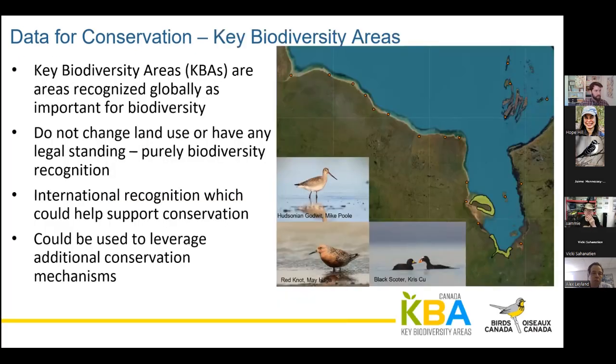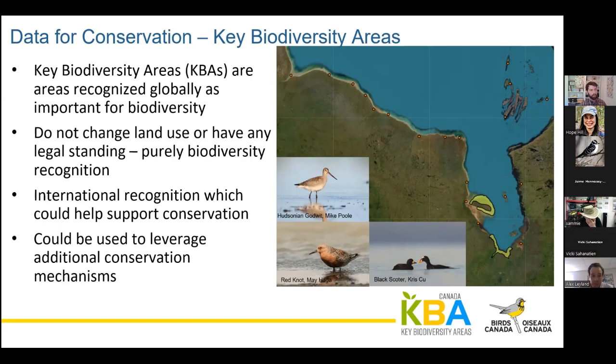Key biodiversity areas are not a legal protection mechanism, but a recognition of biodiversity importance for an area. Because they're an internationally standardized way of recognizing importance for biodiversity, it's just an additional way to leverage conservation of an area.